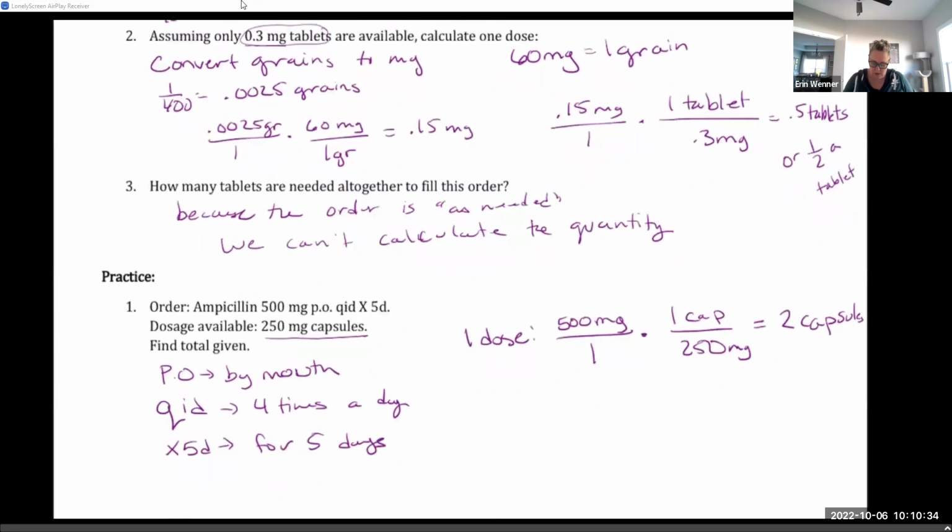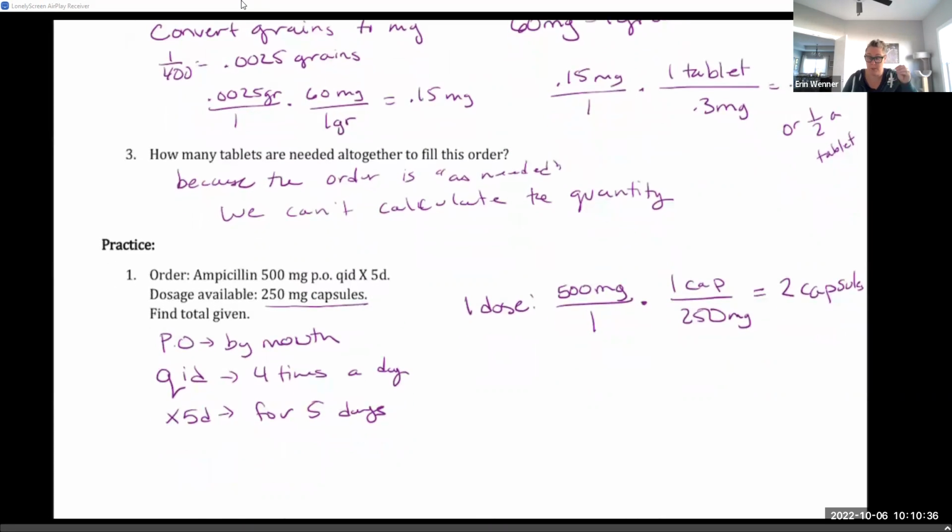So now we need to find the total that we need to dispense. So we're going to do 2 capsules per dose times 4 doses per day times 5 days total.